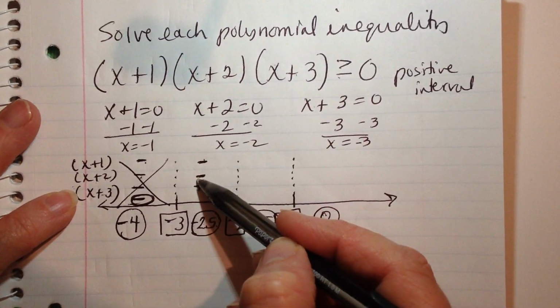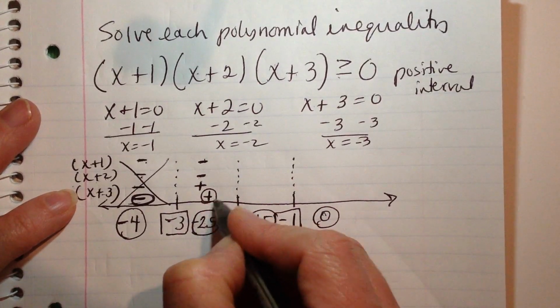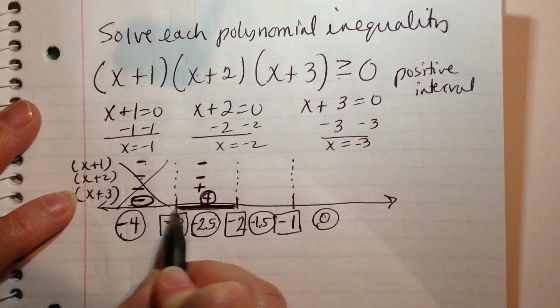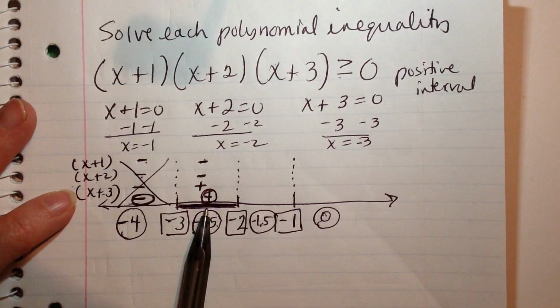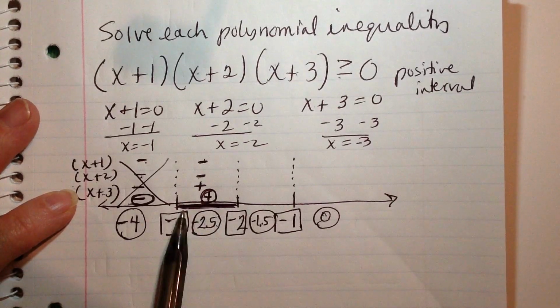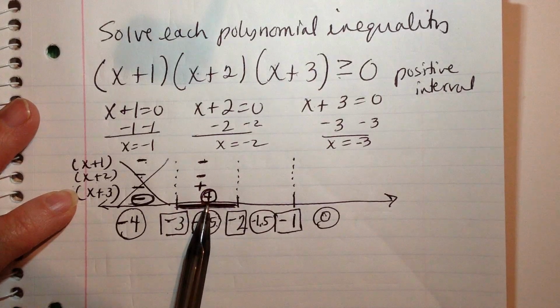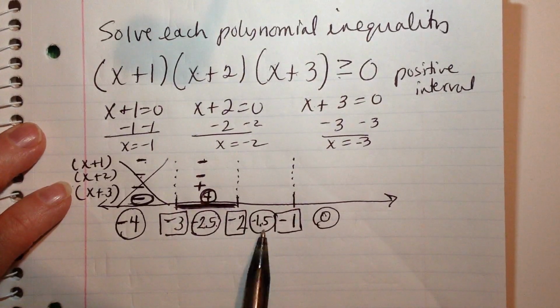A negative times a negative is a positive. Positive times a positive. This interval gives me a positive. Therefore, I'm going to go ahead and shade because this is part of my answer. Remember, if one number satisfies this interval, every number inside this interval satisfies the solution of positive intervals.